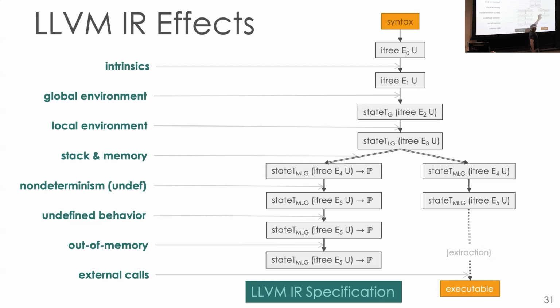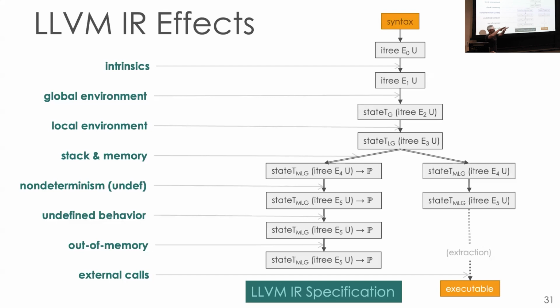This right-hand side is an executable version that would have to implement, say, the memory allocator. On the left-hand side, we say allocating a stack slot could return any of these possible memory locations. We can have an algorithm that picks a particular one, and that's going to be executable, and we can run it as an extracted program.